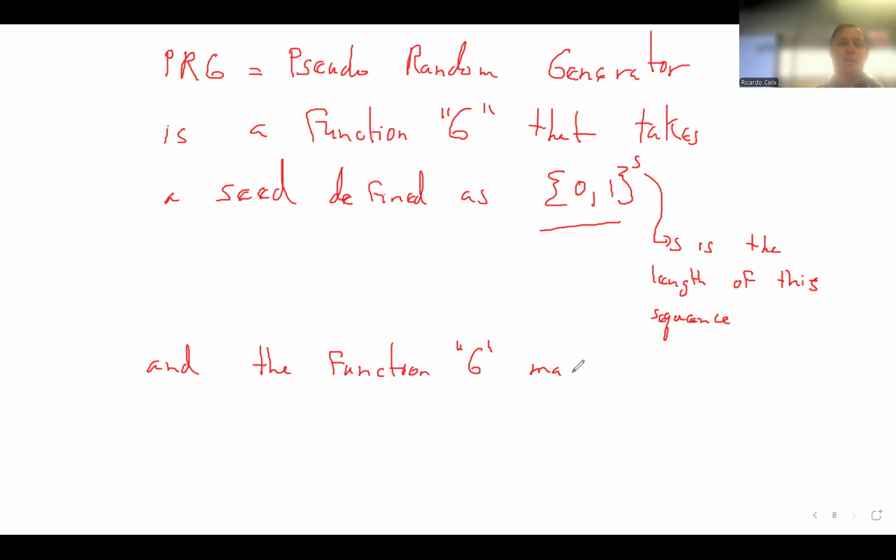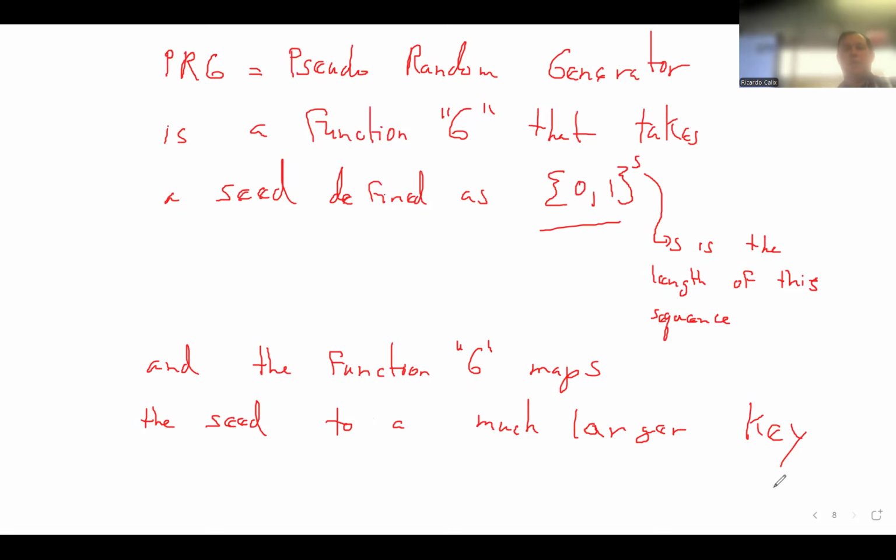Remember, this term maps just means it takes that input and converts it into another output. So the function G maps the seed to a much larger key, where we define this key.